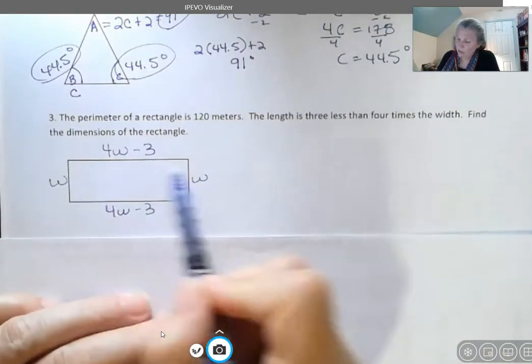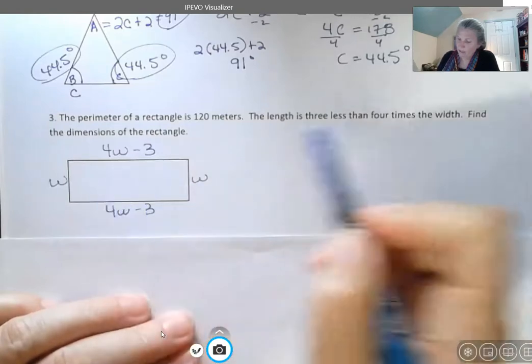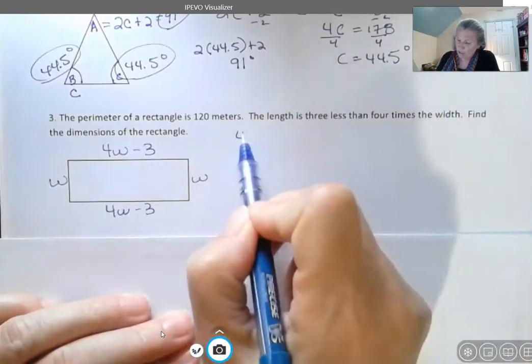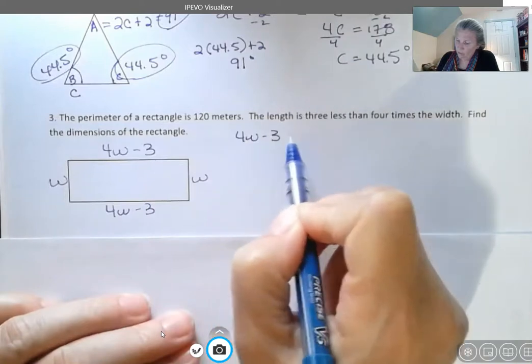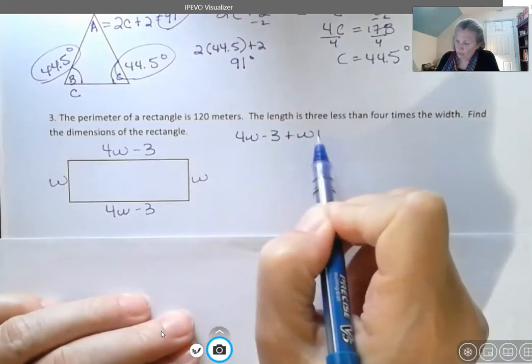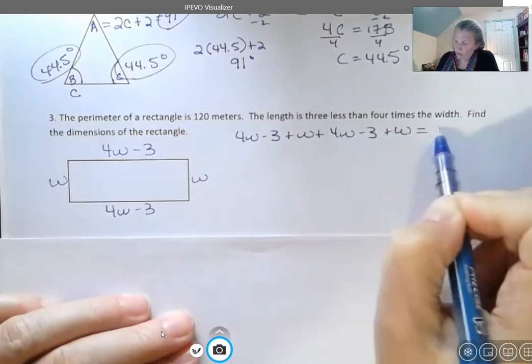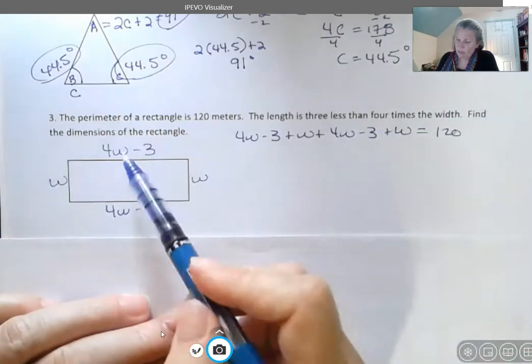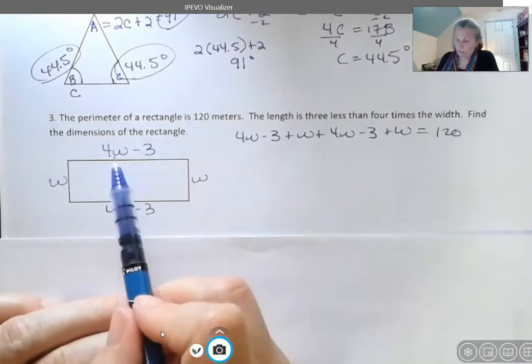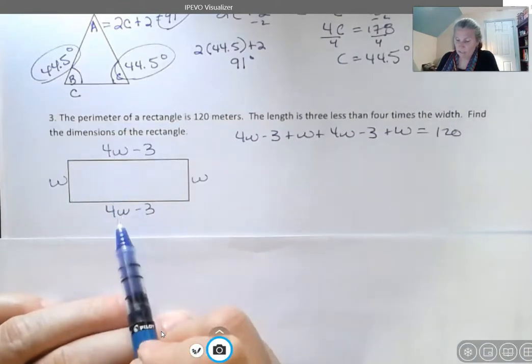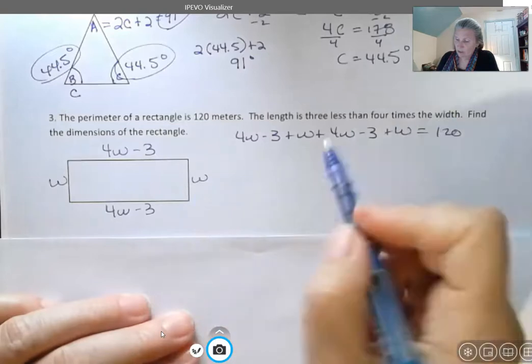Okay, so now these 4 sides add up to equal 120. So I can say 4w minus 3 plus w plus 4w minus 3 plus w is equal to 120. I can just do it from the picture too. 4w and 4w is 8w, 9w, 10w.